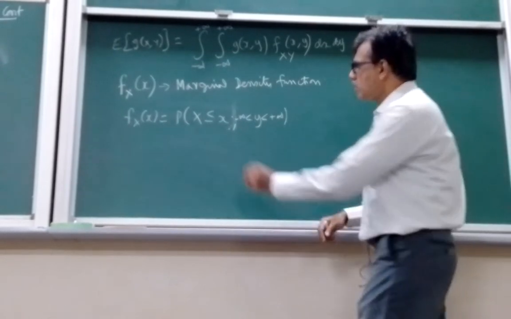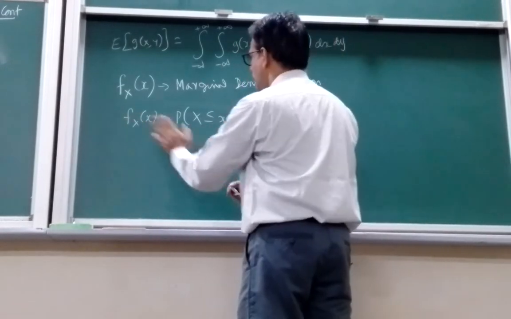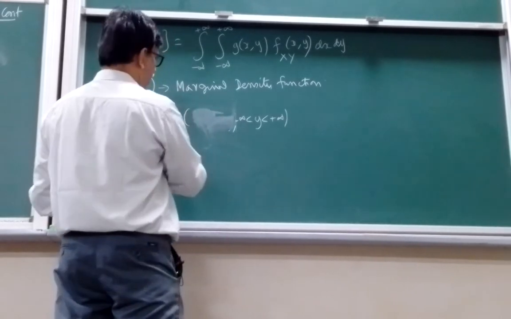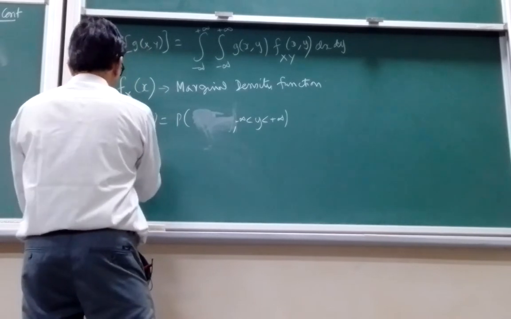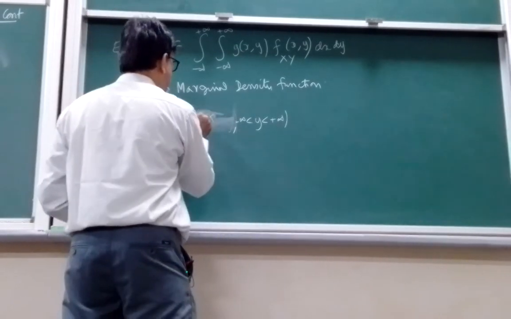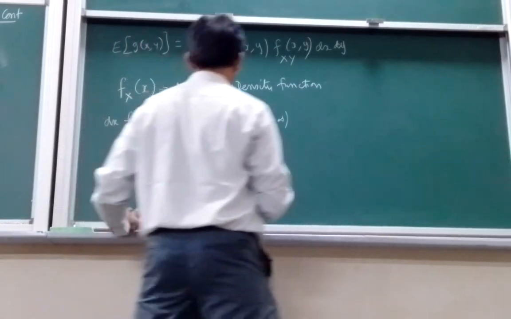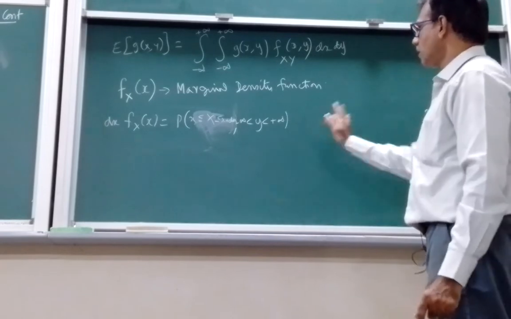So what I do, it's not the density function. Okay, it's not x less than or equal to this one. Okay, fx of x into dx, if you want, is this. This is the interpretation.